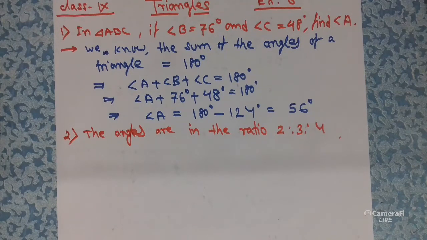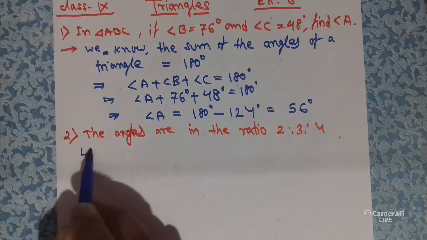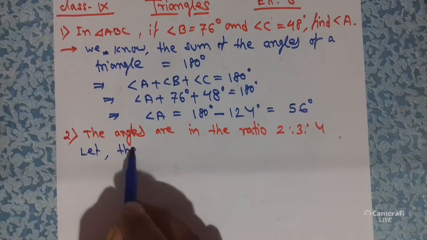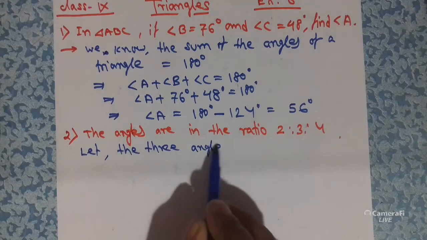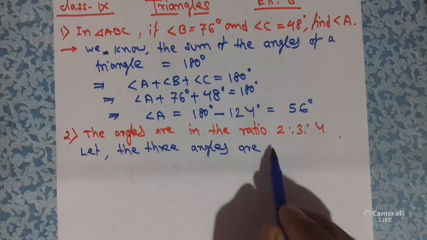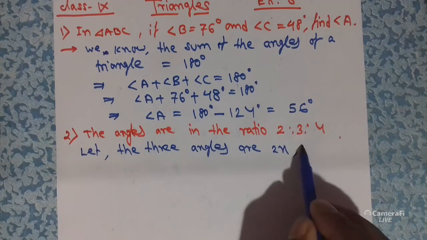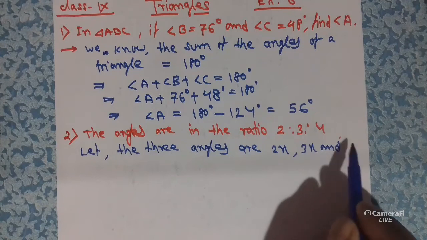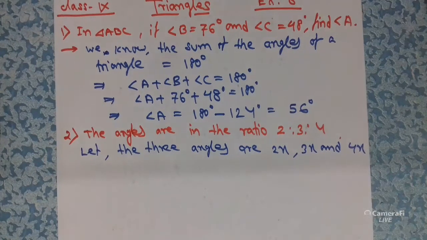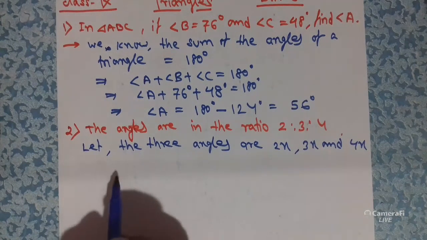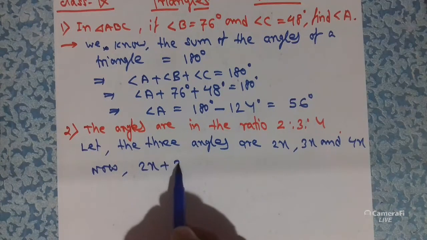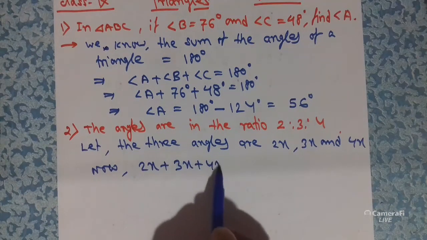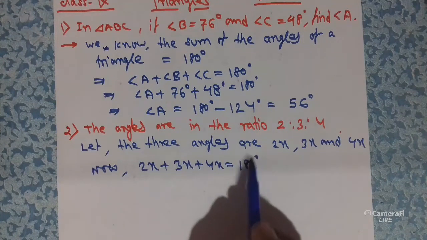So here students, at first we have to take, let the three angles be 2x, 3x and 4x, and as we know, the sum of the three angles is equal to 180 degrees.